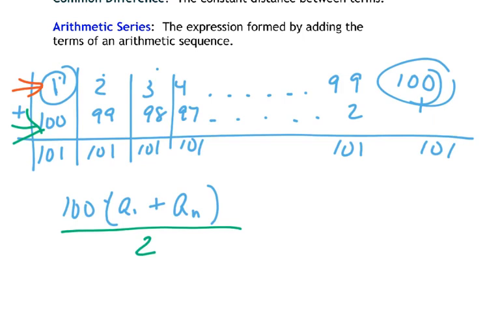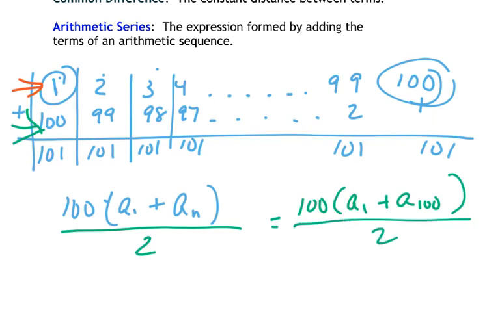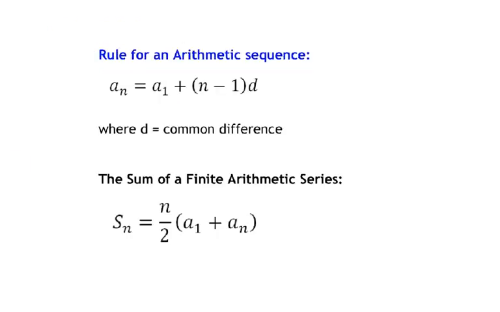And so, of course, a sub n in this case is a sub 1 plus a sub 100, because that would be the last term, over 2, which is equal to 100 times 101 divided by 2, and we can get the total from there. So we get our arithmetic series formula from this formulation that Gauss had found at a very young age.